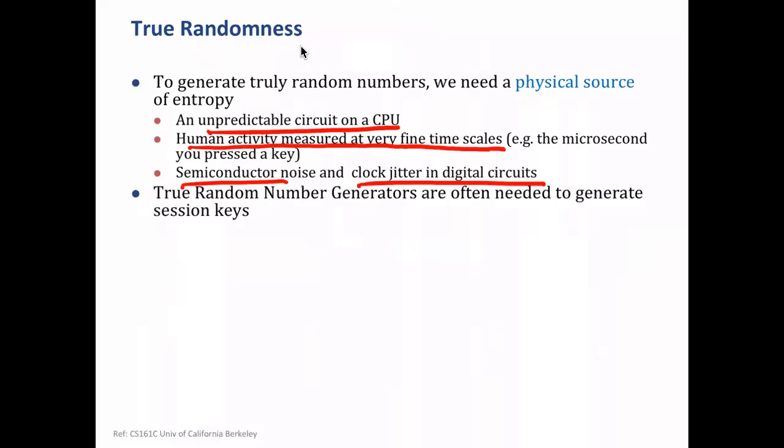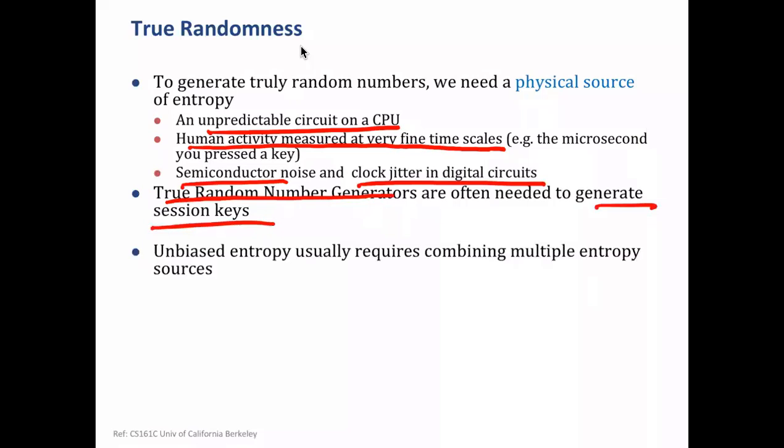Now we need true random number generators to generate session keys. A session key is used, for example, in symmetric encryption. When we have these physical sources, we call them entropy sources. Then we can combine multiple entropy sources to get true random number output.